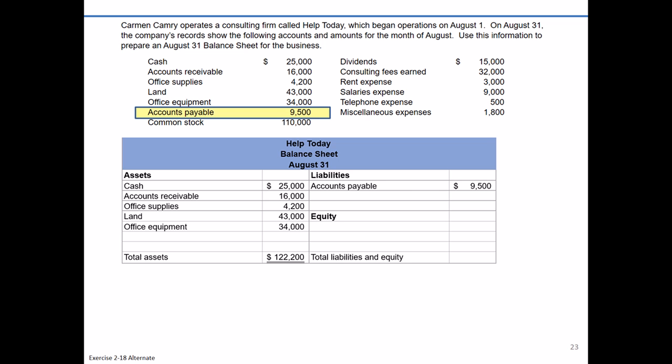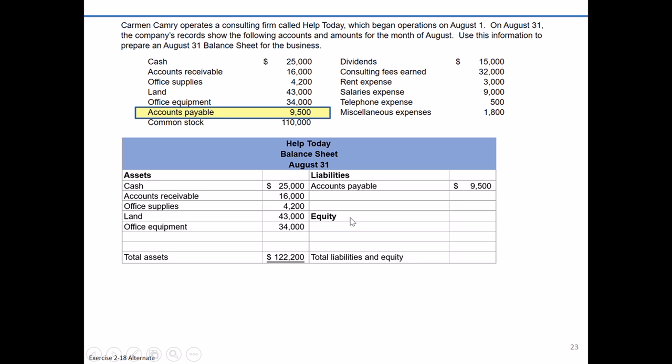Normally, companies will have other liabilities, for example, notes payable, taxes payable, interest payable, or even unearned revenue. Again, this company is at its beginning, so it only has one liability. If it had more than one, we probably would have listed a subtotal for the total liabilities. But these are the creditors' claims against these assets.